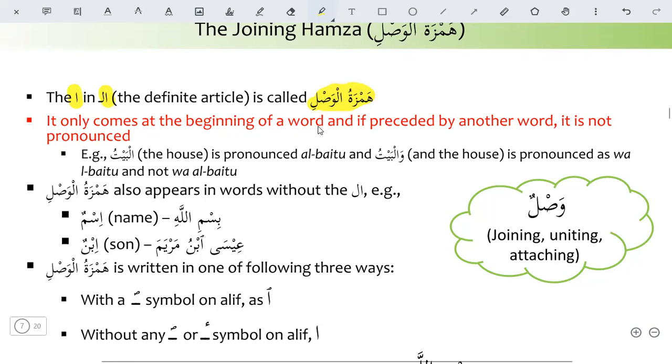If it is preceded by another word, it is not pronounced.